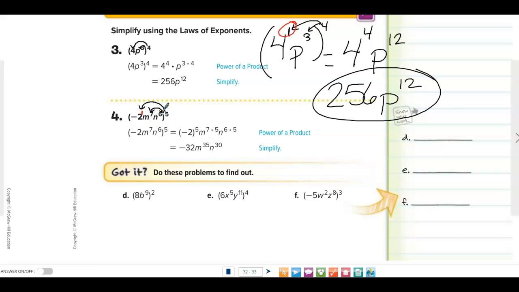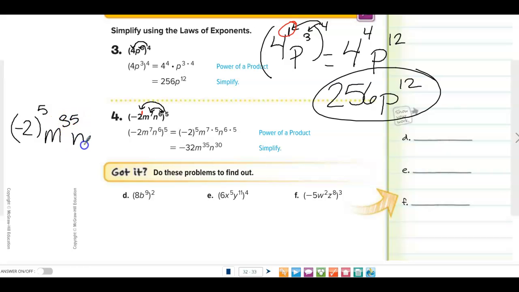So I'd have -2 to what power? To the 5th, because I multiply. Make sure you put your negative number in parentheses. And n to the what? 35th, because 7 times 5 is 35.